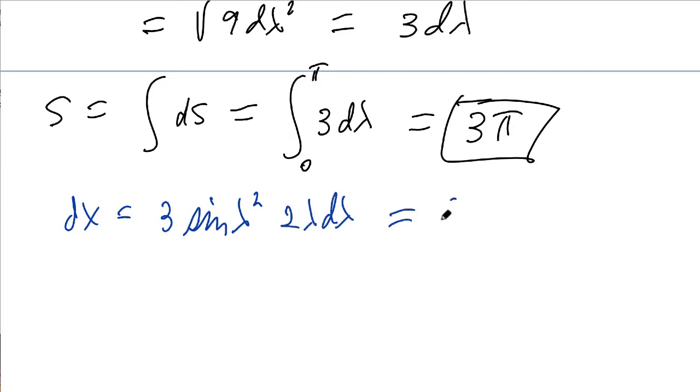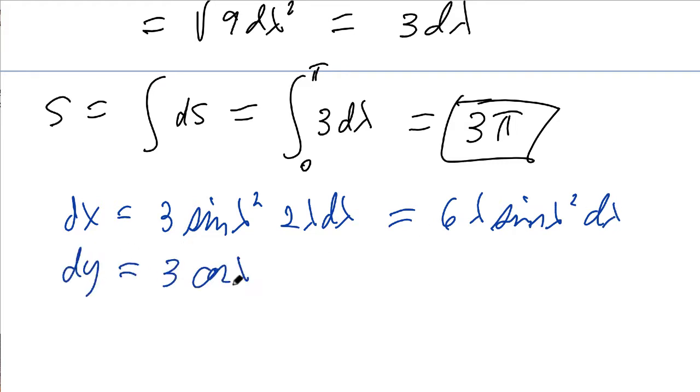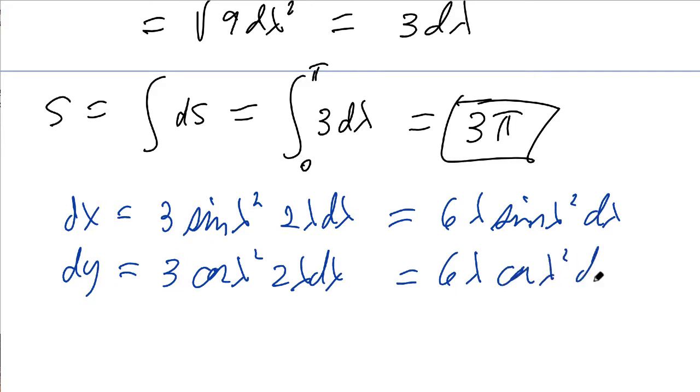So simplifying that, we have 6 lambda times sine of lambda squared d lambda. And dy is 3 cosine lambda squared times 2 lambda d lambda. That simplifies to 6 lambda cosine of lambda squared d lambda.